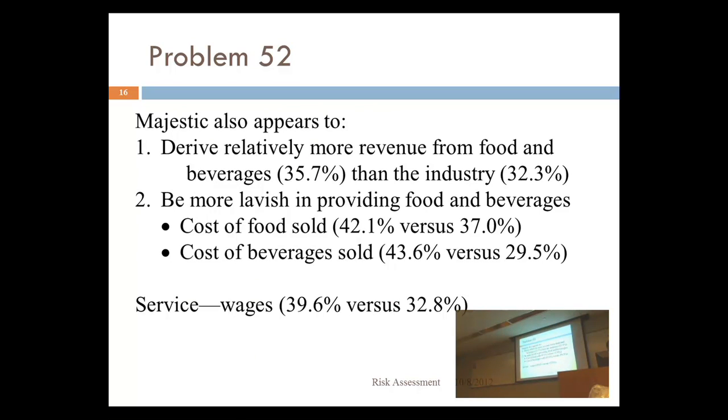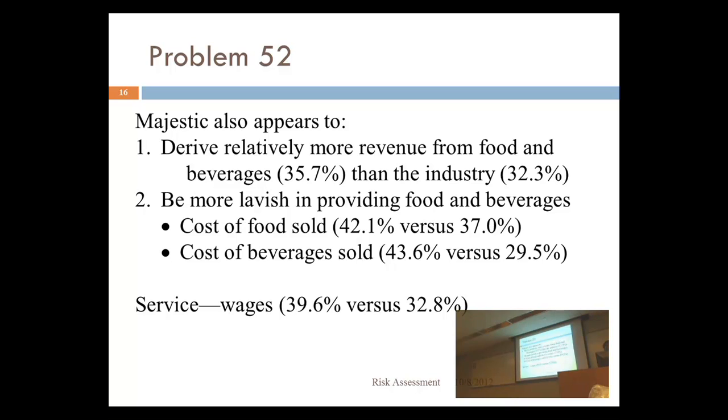They derive more revenue from food and beverages. So they're roughly 36%, the industry is 32%. They seem to be more lavish in providing food and beverages. So you see that the cost of food is much higher and the cost of beverages sold is much higher.